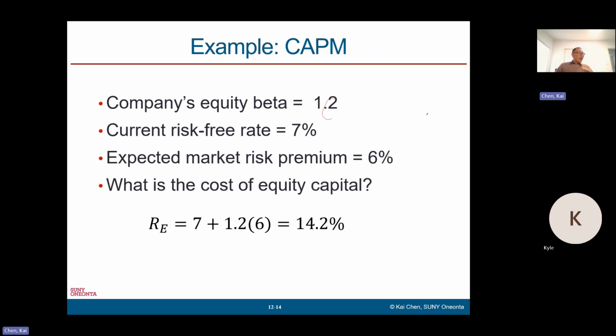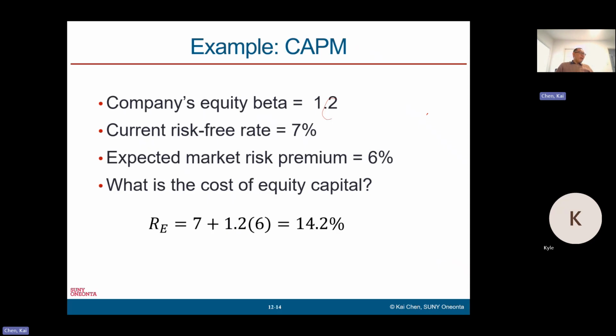After we estimate these numbers, we also have to make adjustments based on our prediction about the future. But anyway, in this course, we assume these numbers have been estimated. What we are going to do is just use these estimated numbers to calculate the cost of equity.